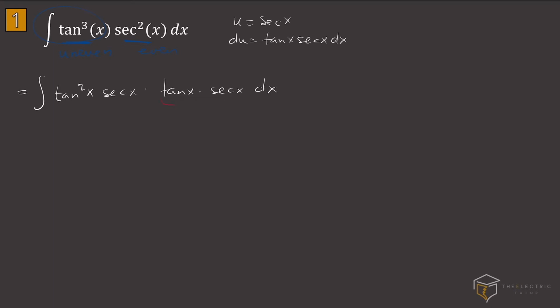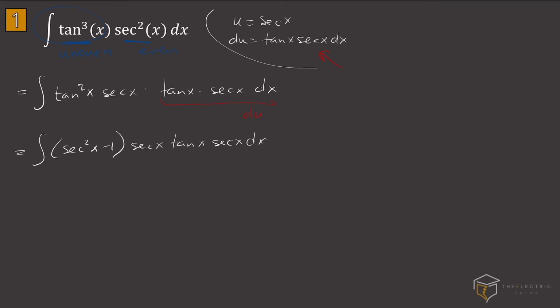And again, if we look at this, this is our du. And we need to do some conversion here. Almost forgot that. We apply the identity: secant squared x minus 1 times secant times tangent times secant dx.